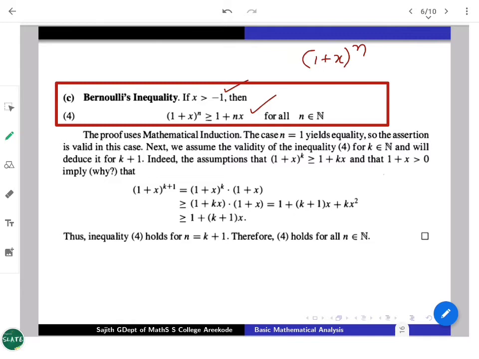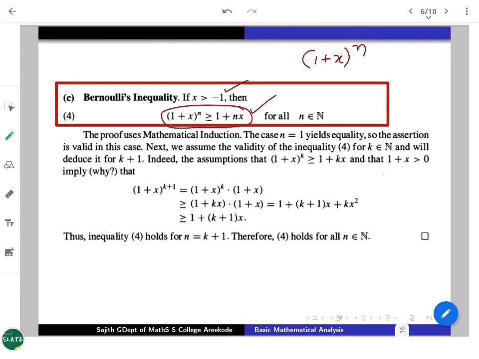So it's a simple application of mathematical induction. Look at the inequality for n equals 1. What happens for n equals 1? The left and right are clear, 1 plus x and 1 plus x. You'll be getting the equality. So the base case is proved in the induction.